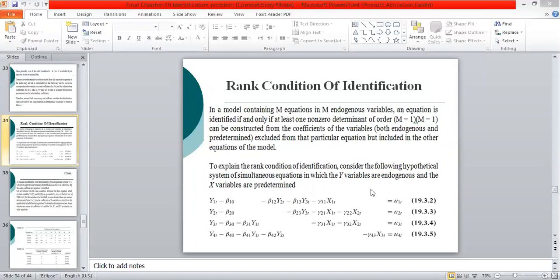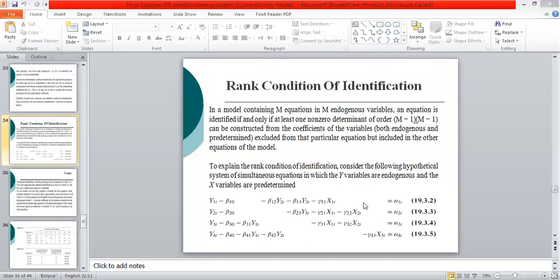We have written the model in this form. We have shifted all the variables, endogenous as well as predetermined, to the left side of the equations and the error term on the right side. We have transformed the whole model in this way.